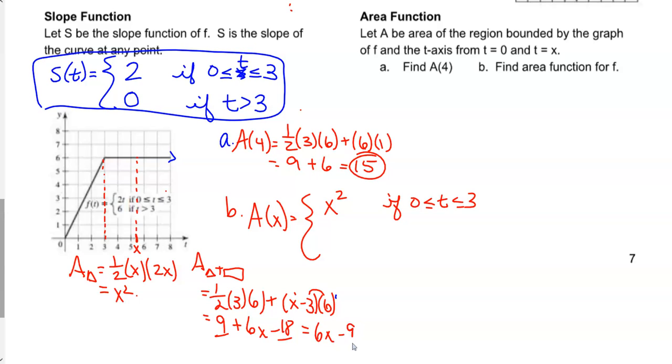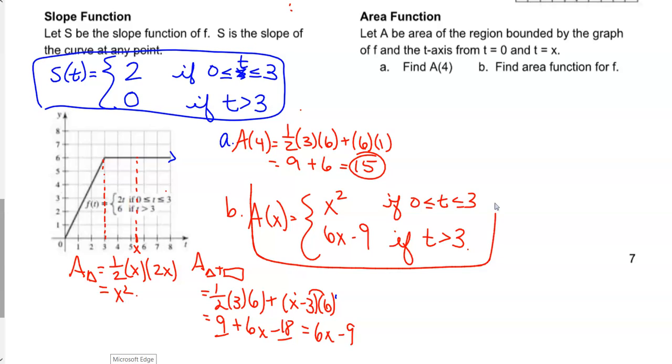Therefore, the area of this is going to be 6x minus 9 if our t-value is greater than 3. Again, you can't have an equal in both spots. You only have to have an equal along where they are common in one spot or the other. So this would be my area function. It's a good little critical thinking problem of what happens when you have to piece things together. Do some specific examples if you have to help yourself out in that case as well.